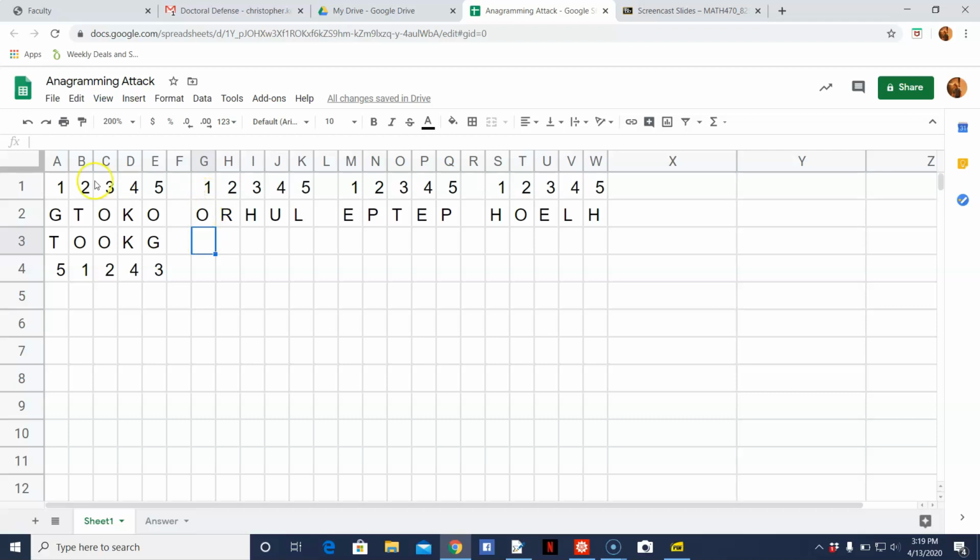All right, so first character goes to the 5th. So O goes here. The second character goes to the 1st. The third character goes to the 2nd. And that's not looking good.